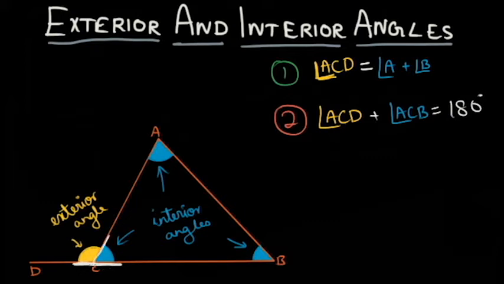These pair of angles, well, when you remove the B point entirely, you can say that this is a linear pair of angles.